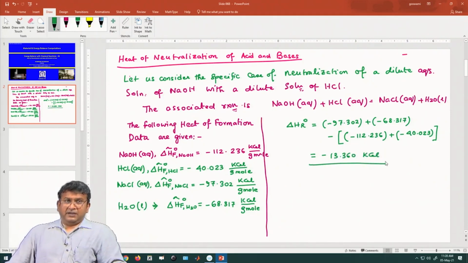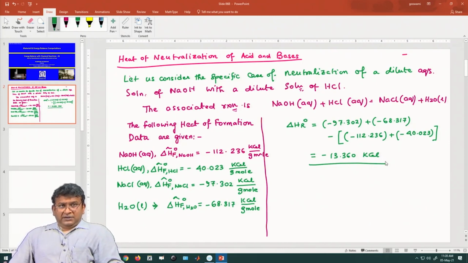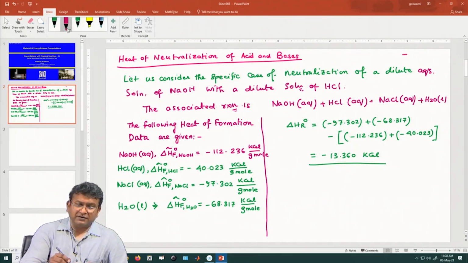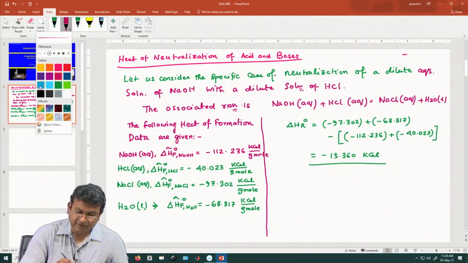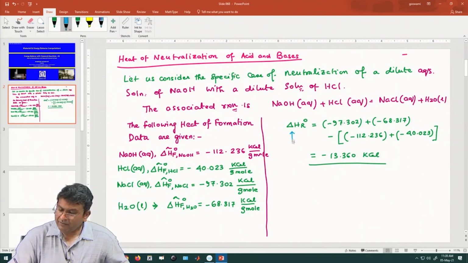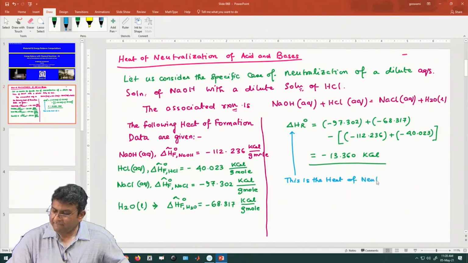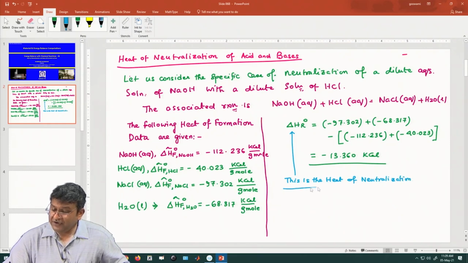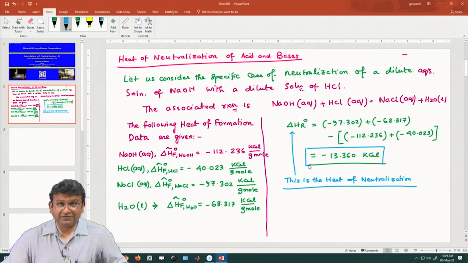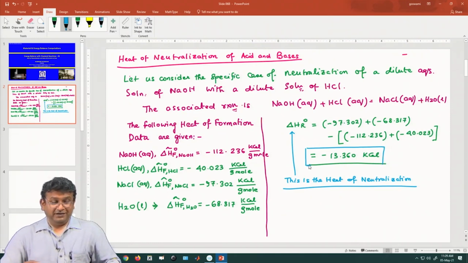So, you get some value for the heat of neutralization. This heat of reaction is actually nothing but the heat of neutralization. And though just 2 minutes back I was telling you not to remember any value, it turns out that this particular number is quite interesting. Well, let us see how.